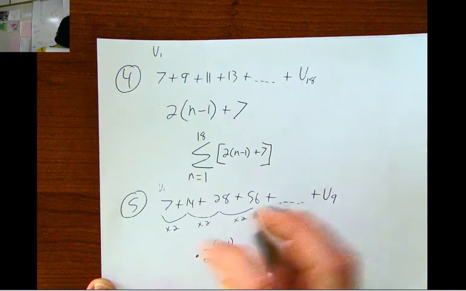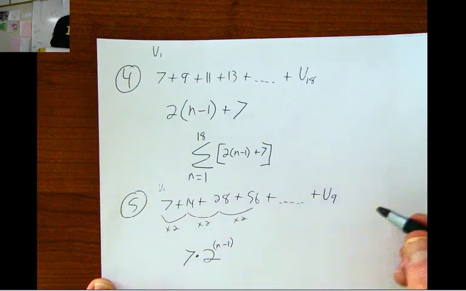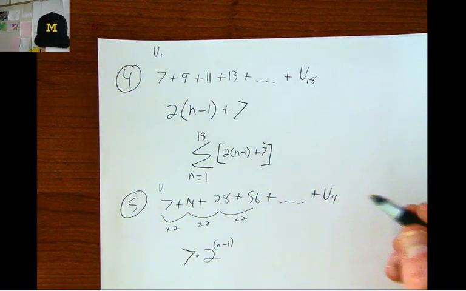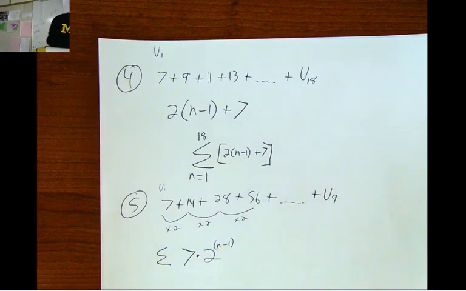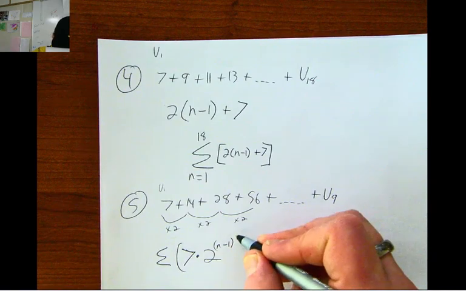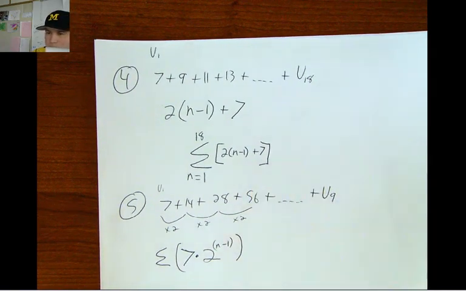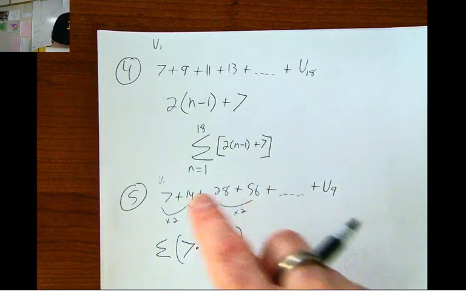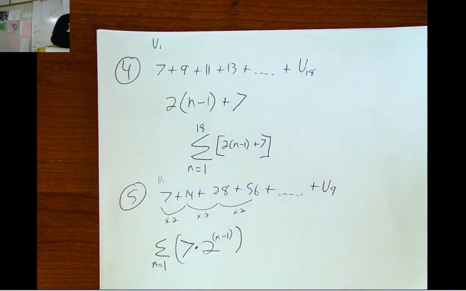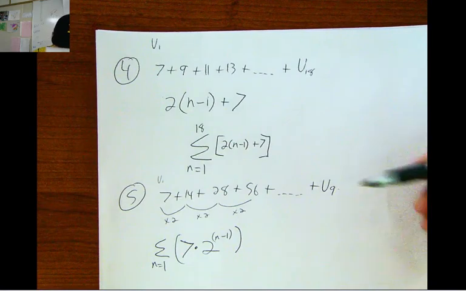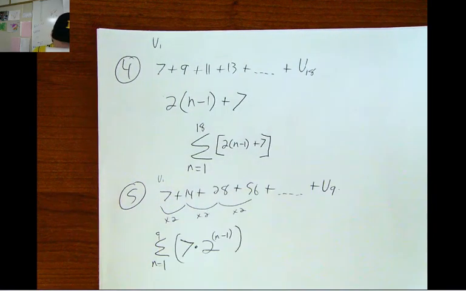And then we're multiplying it by that first number, 7. Just like we were doing in yesterday's. And then you put a sigma in front of it and parentheses around this, or a bracket like I did with the first problem. And because it started with u1, it would be n equals 1, and it goes all the way up to u9, so 9 up top.